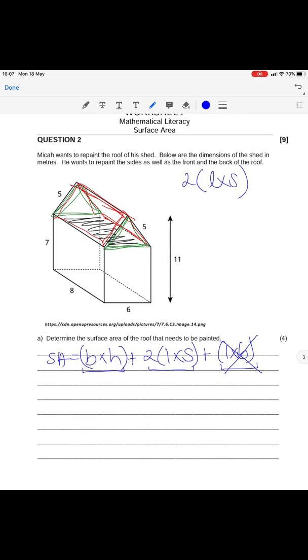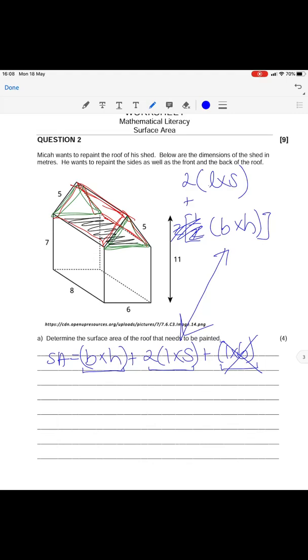And the green triangles, remember, the formula for the surface area of a triangle is half breadth times height. But we need to do 2 of those, and that's how your 2 times a half cancel out. You're then left with breadth times height, and that's exactly what we've got over here. So that is how we get to the formula for what we need to substitute in.